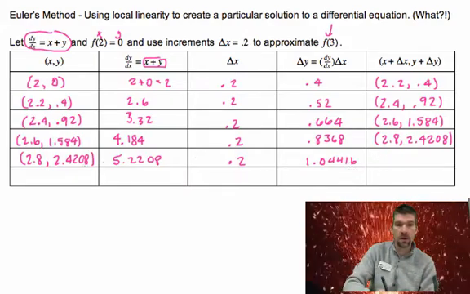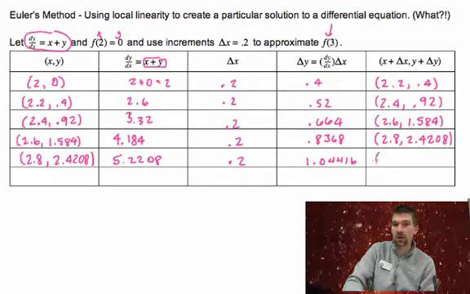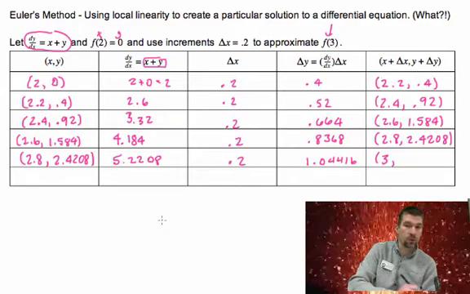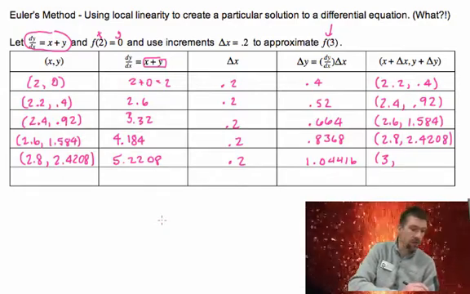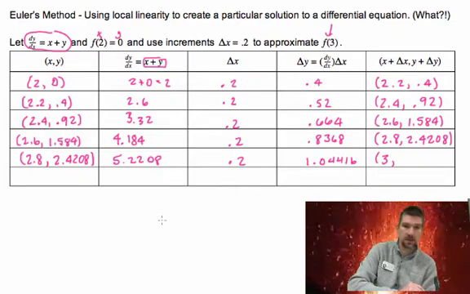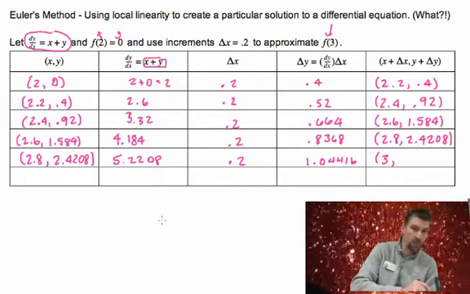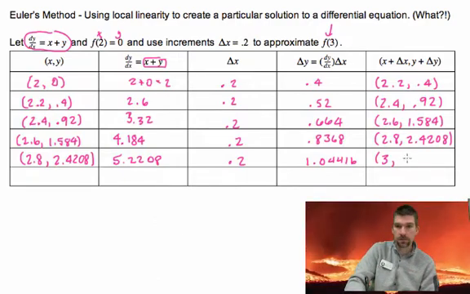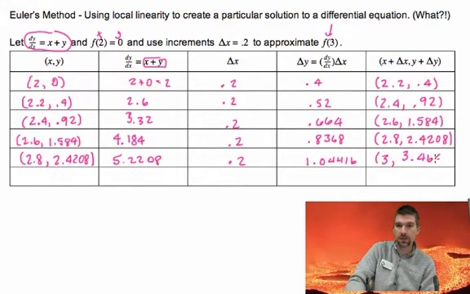So here we go. 2.8 plus 0.2 is going to be 3. And the y coordinate, which is what we're really interested in, is going to be 1.04416 plus 2.4208, which is 3.46496.